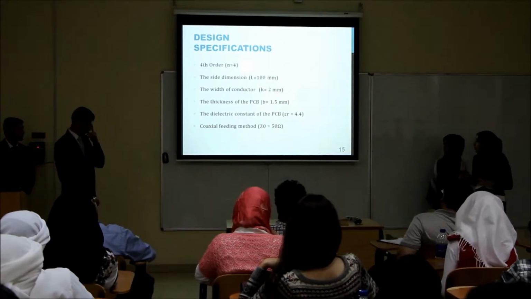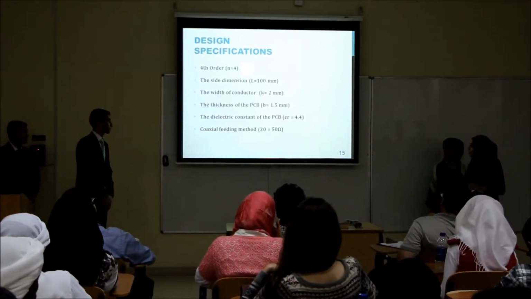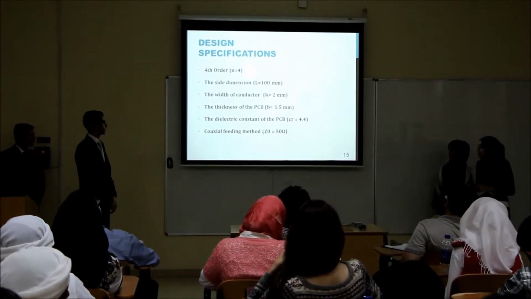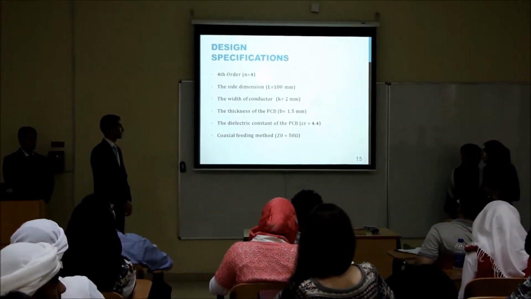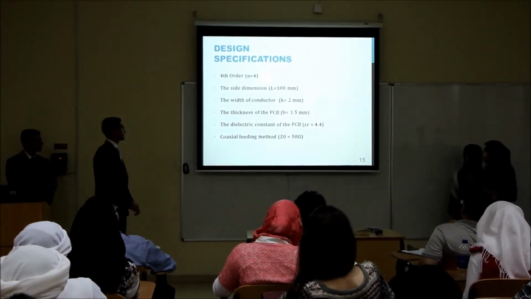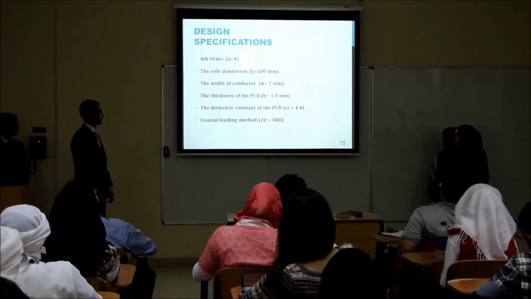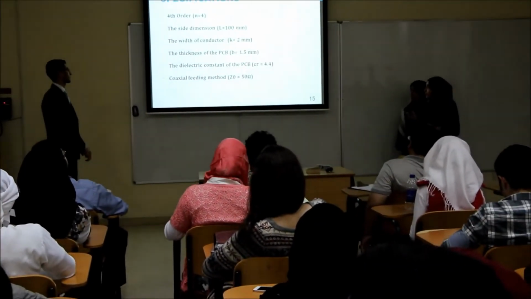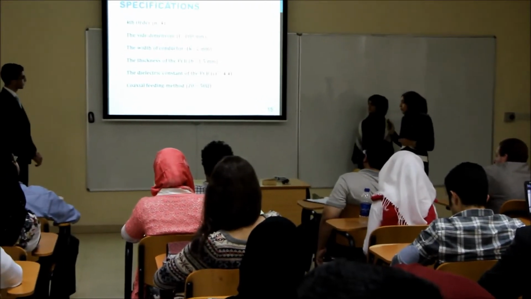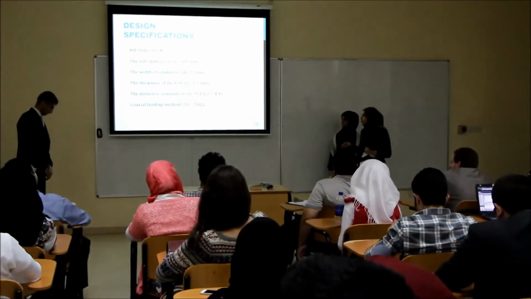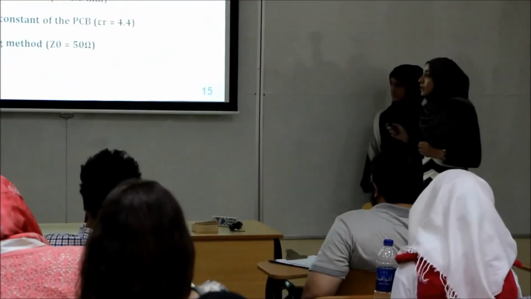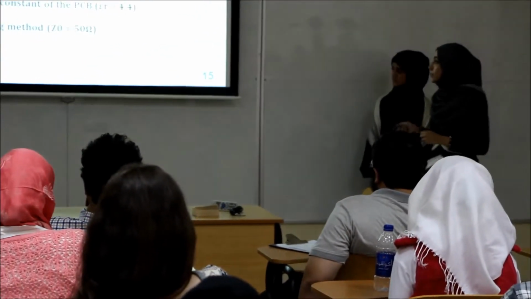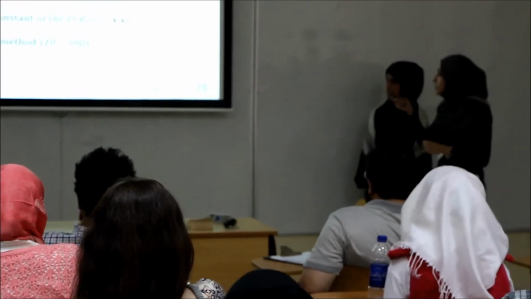For the order, the dielectric constant and the feeding method, it was concluded from the simulations that we discussed later that the optimum order is the first order in our application, and the optimum substrate is FR4 epoxy with the dielectric constant of 4.4, and that the coaxial cable with an impedance of 50 ohms is the optimum feeding method.